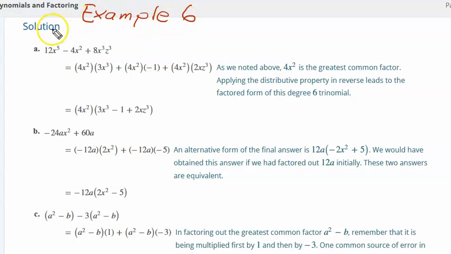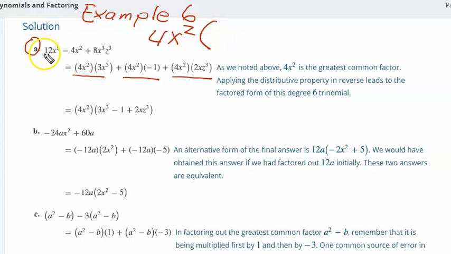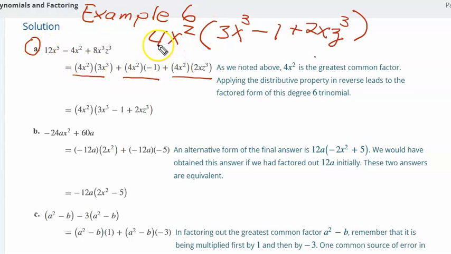This is example 6, letter A, and there is the expression. So what they did is they teased each of these apart and found that they each had a factor of 4x squared. So then they took the 4x squared out of each term, and then writing it in a fashion like so.